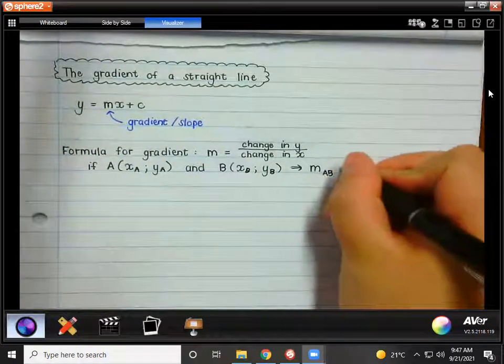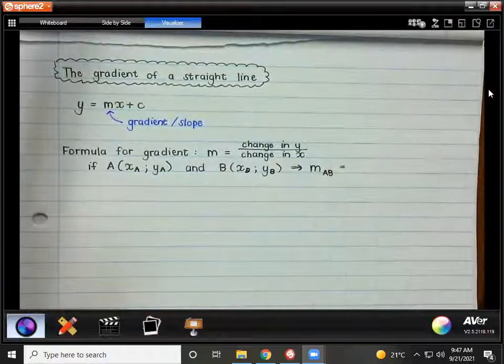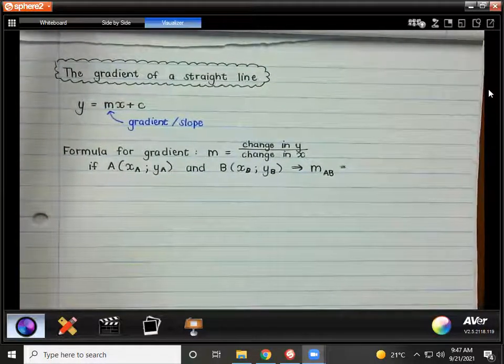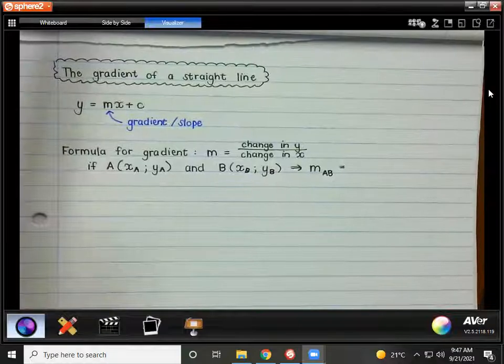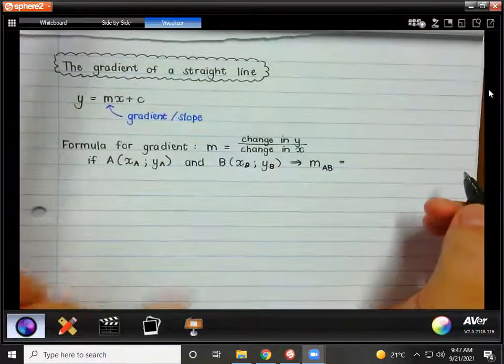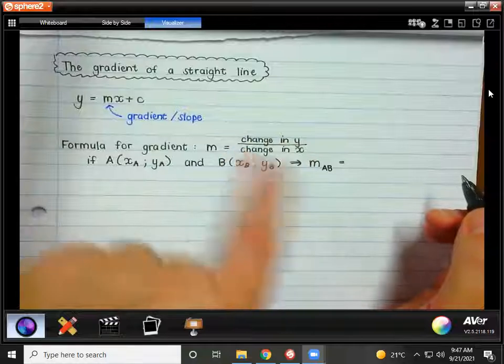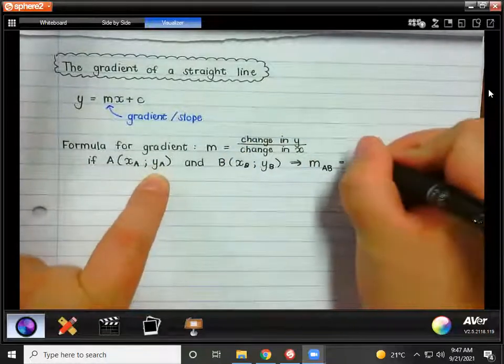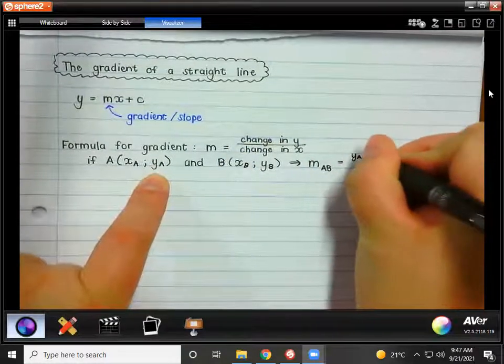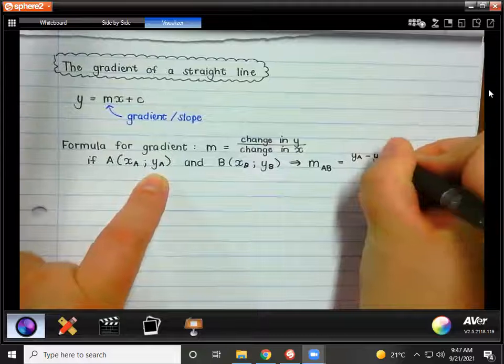So the gradient of AB, or the gradient of the points, or the gradient between the 2 points, the gradient of the line connecting the 2 points, you can use all sorts of different terminology, is going to be change in y at the top. All right, so the one y value minus the other y value. That's what we're going to do.